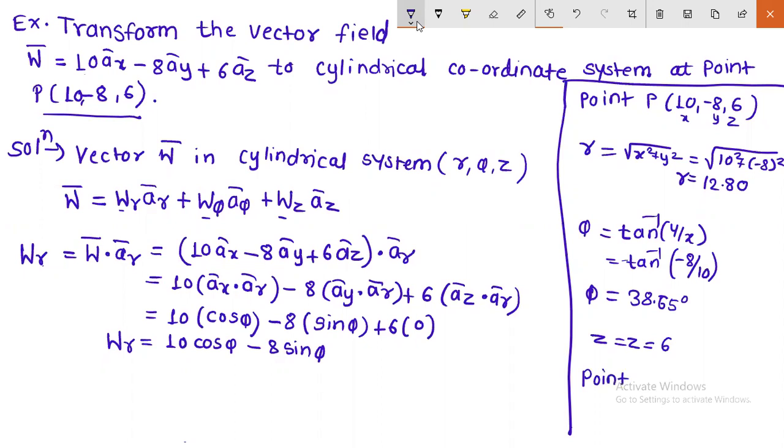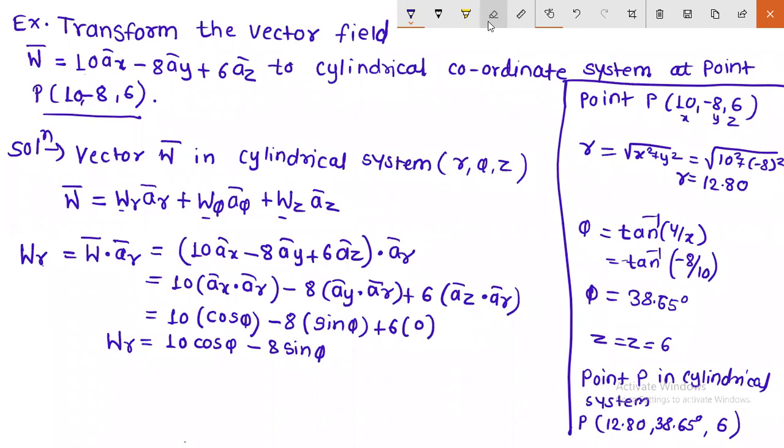Point P in the cylindrical system has coordinates: first is 12.80, second is 38.65 degrees, and z is 6. All of you write this problem or just take a screenshot.